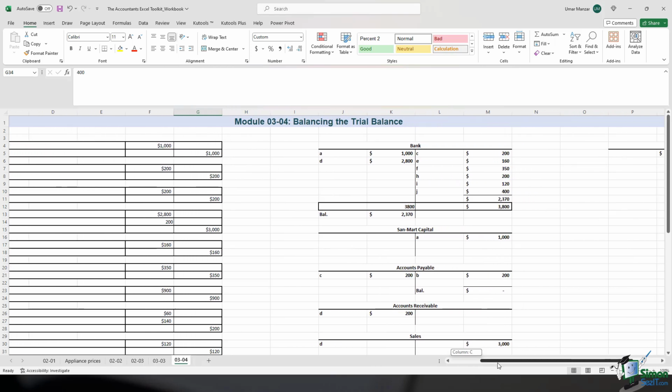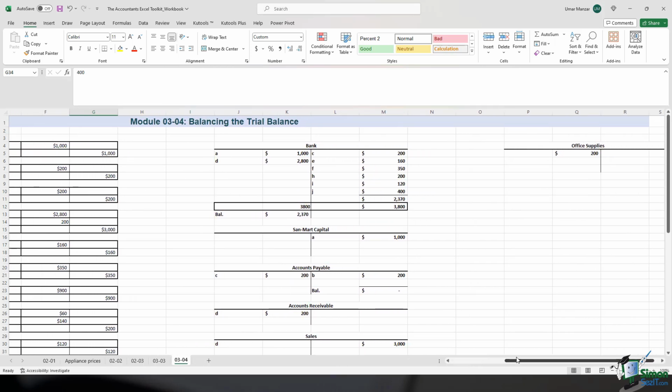Moving on to the right hand side of our spreadsheet, we see the trial balance at play. Picture the trial balance as a canvas split into two columns, debits on the left, credits on the right, with account titles standing sentinel to their numerical ballet.